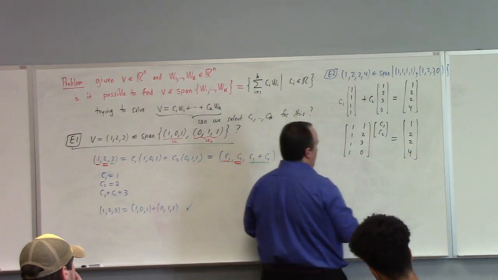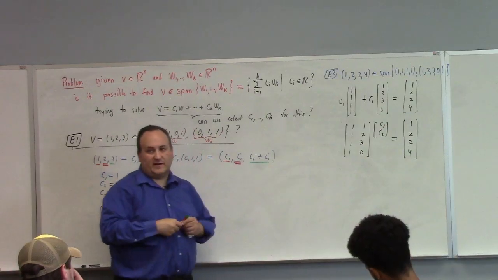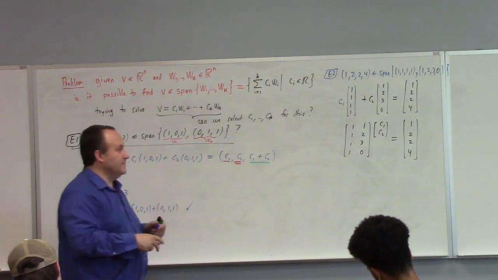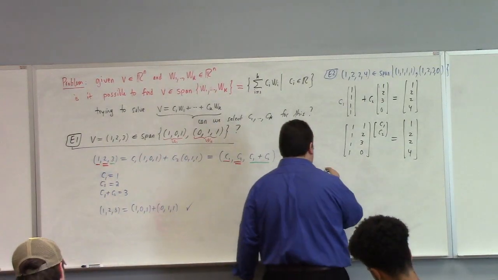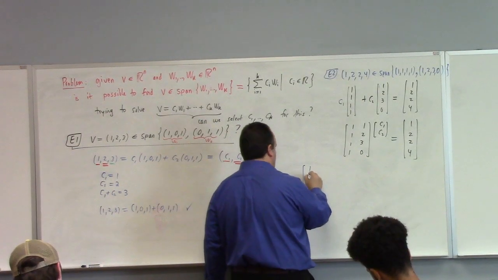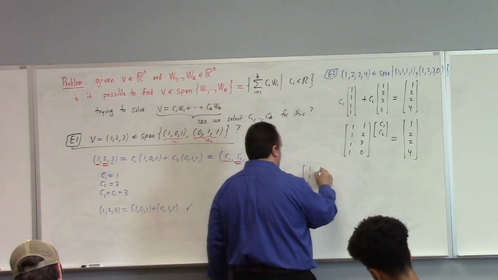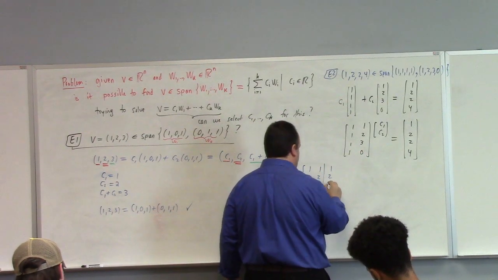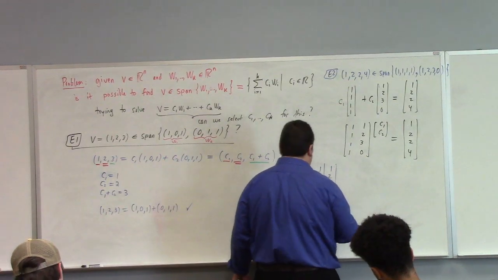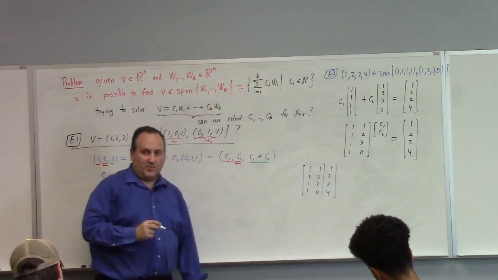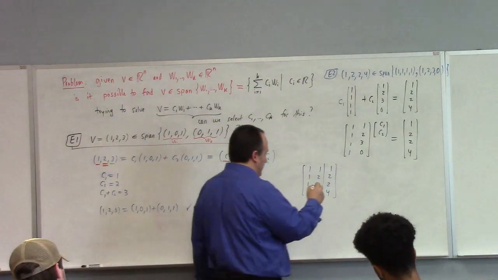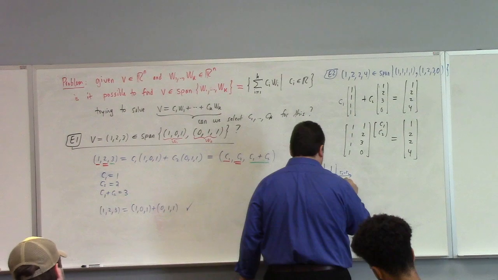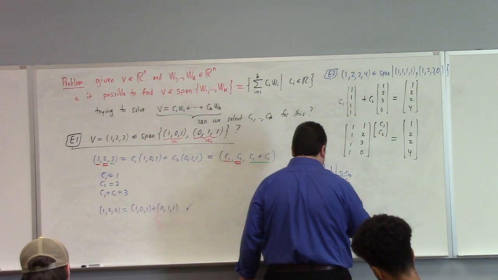And then how should we solve that problem? We should look at the augmented coefficient matrix. The augmented coefficient matrix for this problem is simply the columns (1, 1, 1, 1) and (1, 2, 3, 0), with my inhomogeneous term (1, 2, 2, 4). My opening move would be to do row 2 minus row 1, row 3 minus row 1, row 4 minus row 1.